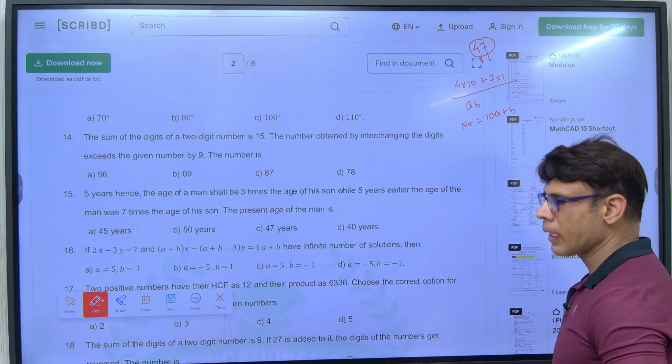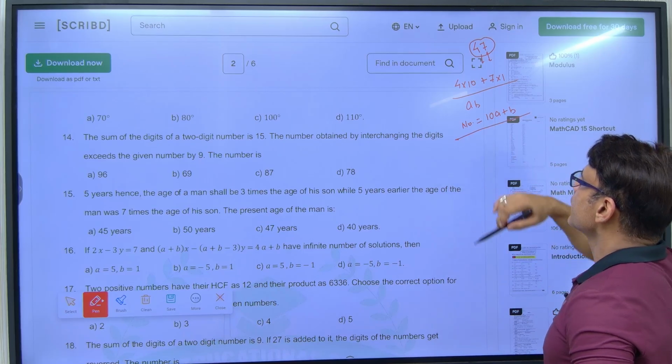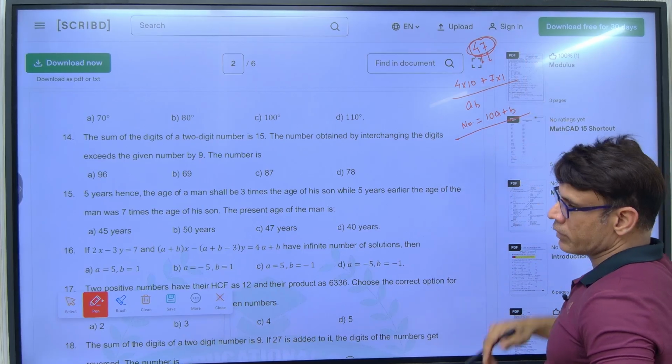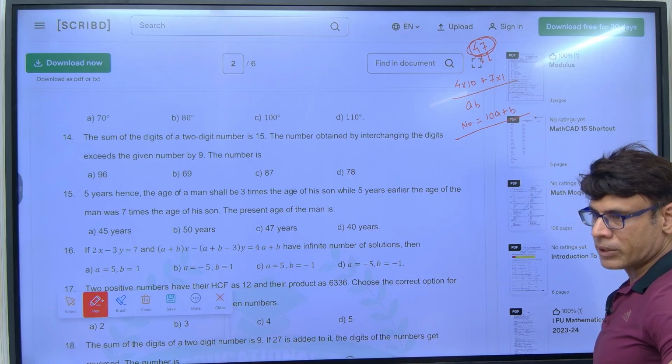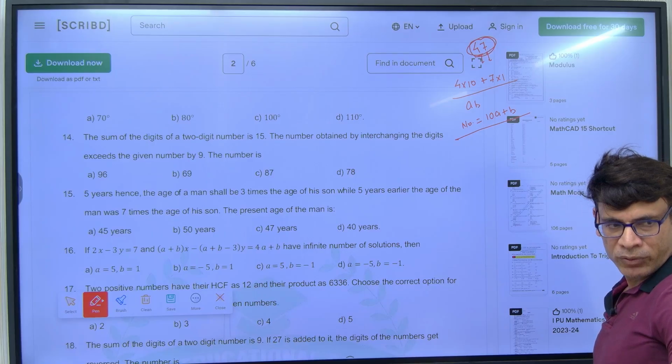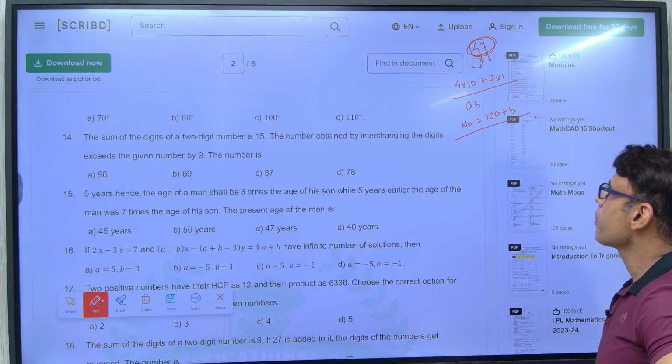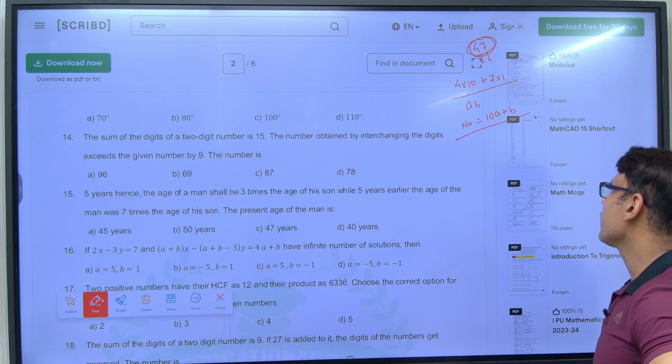Okay. What is the sum of digits of 47? Sum of digits means 4 plus 7. Digits are 4 and 7, so the sum of digits is 4 plus 7. So what is the sum of digits of AB?